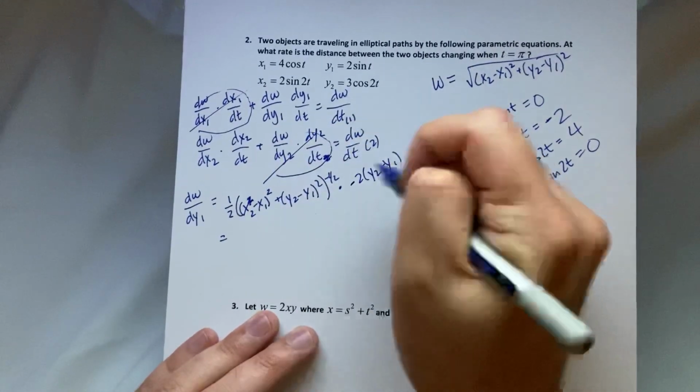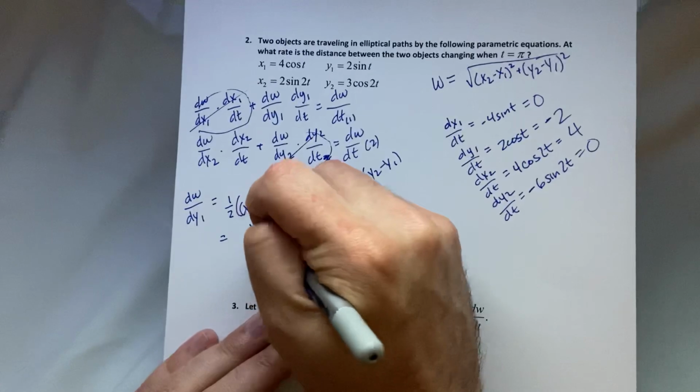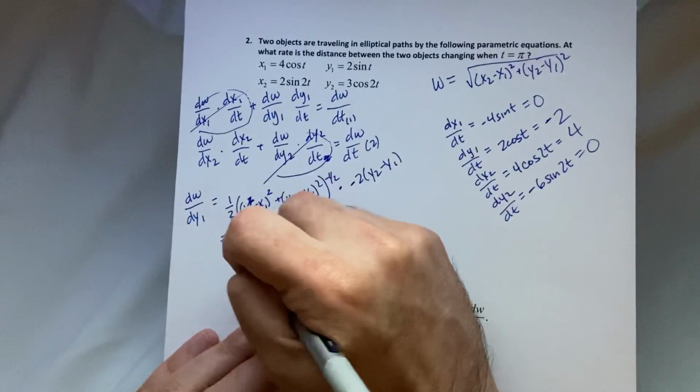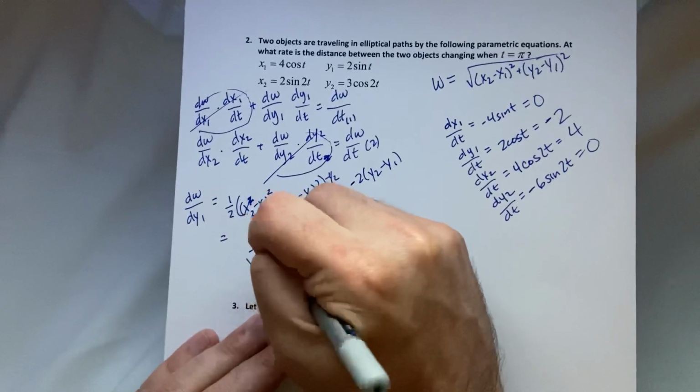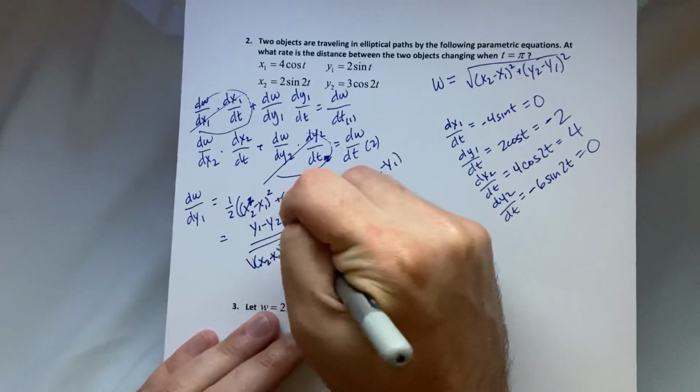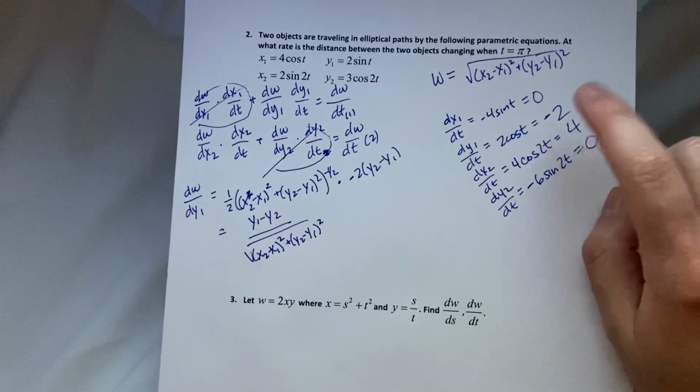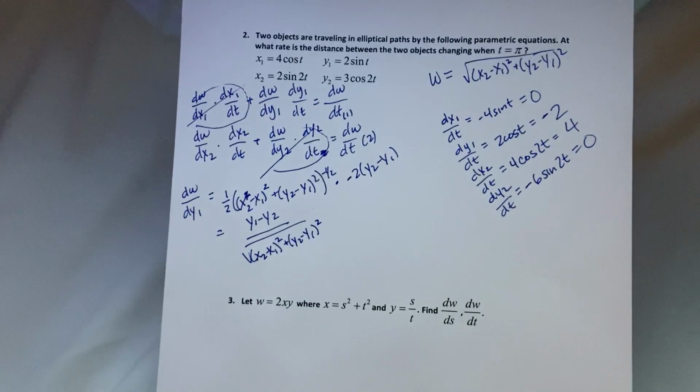And the negative can switch the order here, so it'll be (y1 minus y2) over the square root of (x2 minus x1) squared plus (y2 minus y1) squared. And all of that will end up being multiplied by this number here. What is y1 minus y2 if we plug these all in at pi?